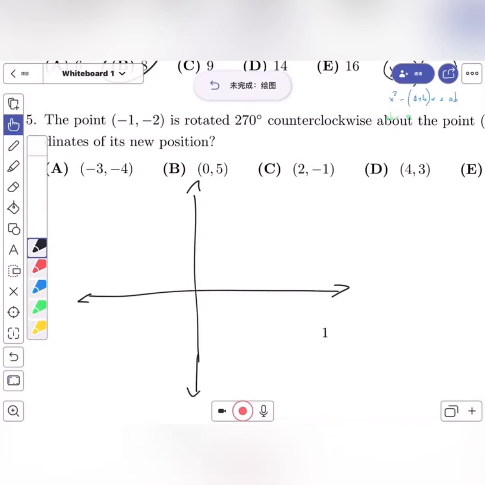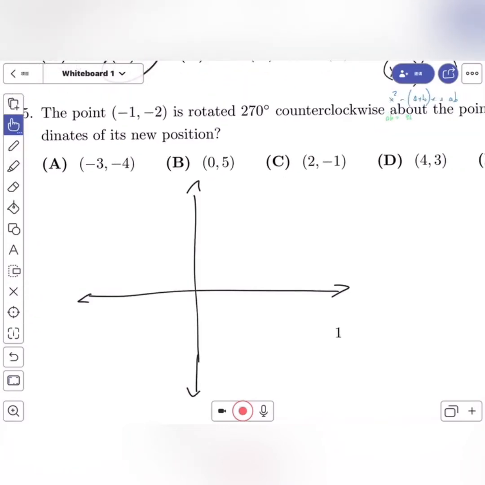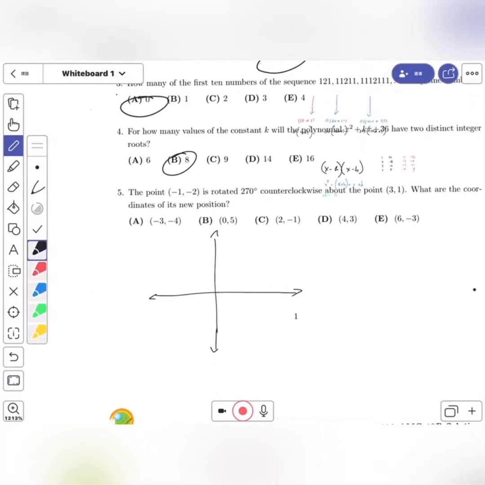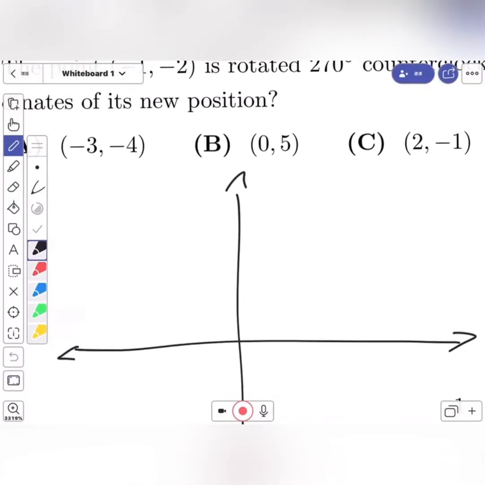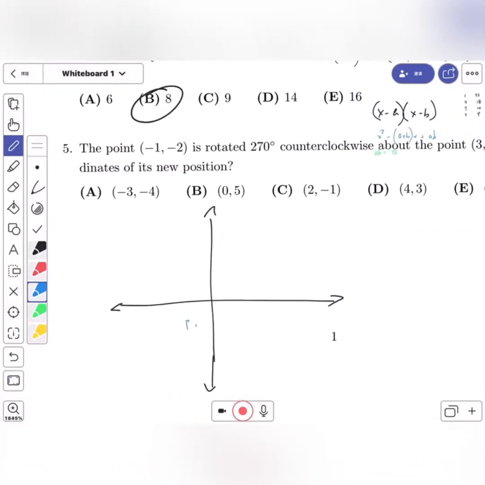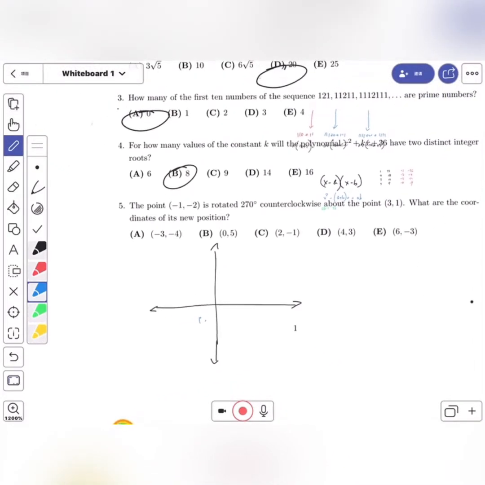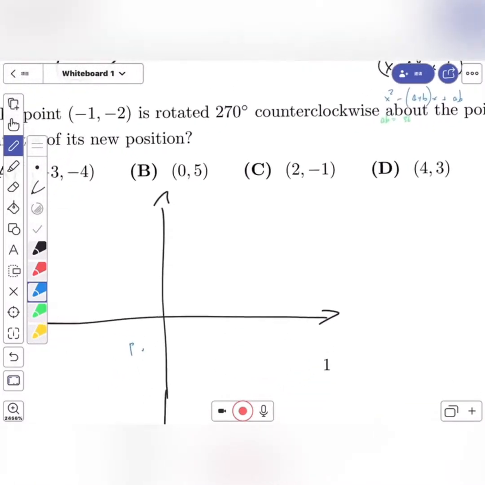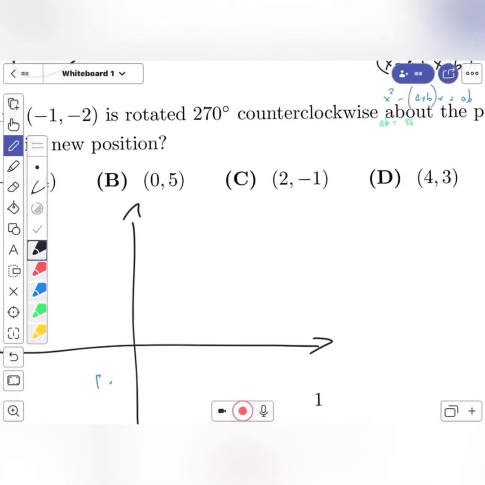So let's first plot -1, -2. It should land somewhere right here. Let's call this P. We also have that it's rotated 270 clockwise about the point 3, 1, which lies somewhere right here.